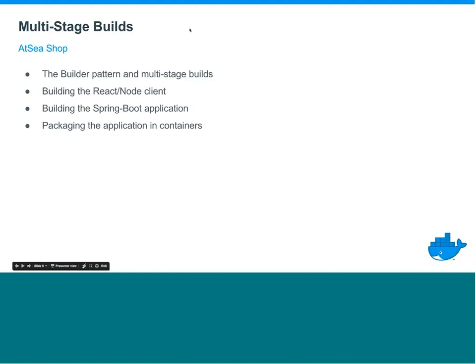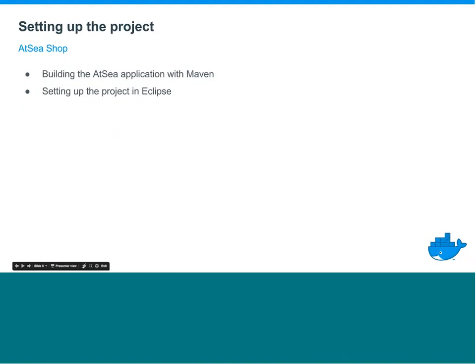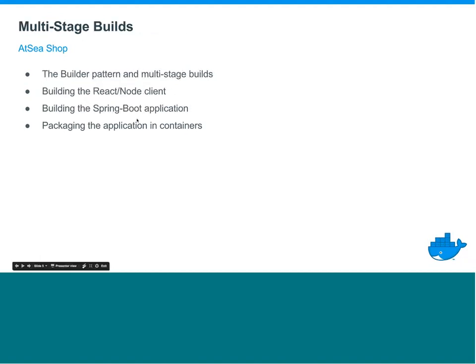Okay, so one of the first things we'll talk about is the multi-stage builds, which is part of 17.06. You can currently find it on Edge right now, but it should be released.